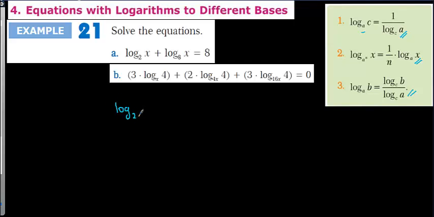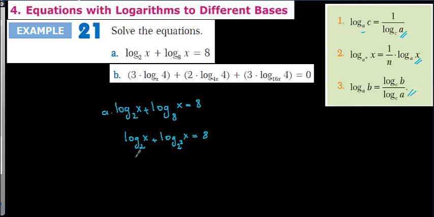Okay, logarithm base 2 of x plus logarithm base 8 of x is equal to 8. We can solve this question with two different methods, but the easiest one is here: logarithm base 2 of x plus logarithm base 2 to the power of 3 of x is equal to 8.